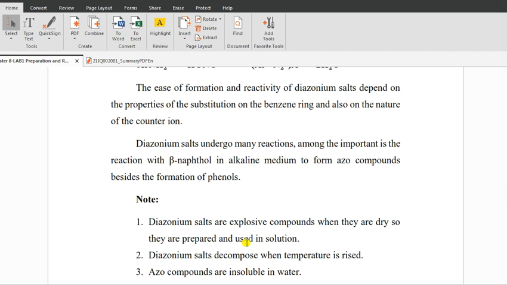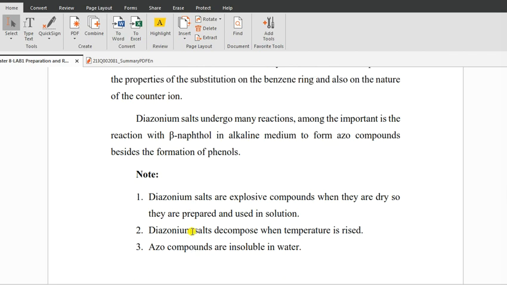Since the diazonium salt is unstable and contains N2, which is a good leaving group, avoid drying the diazonium salt solution or mixture. The diazonium salt should always be in solution to prevent the explosion of this compound. So be careful in the experiment.